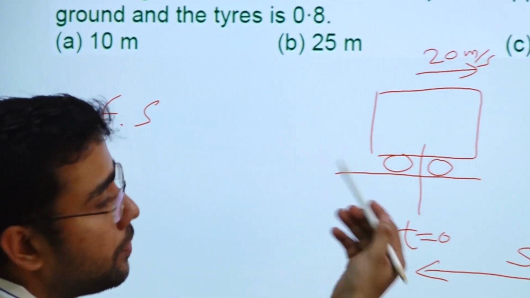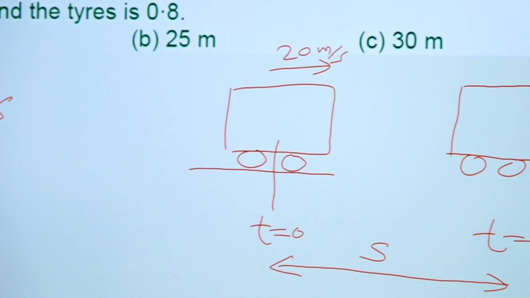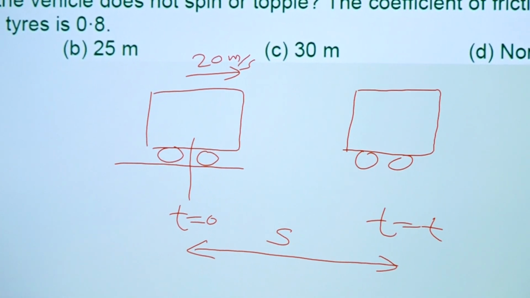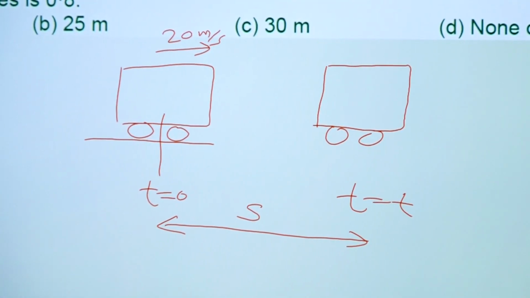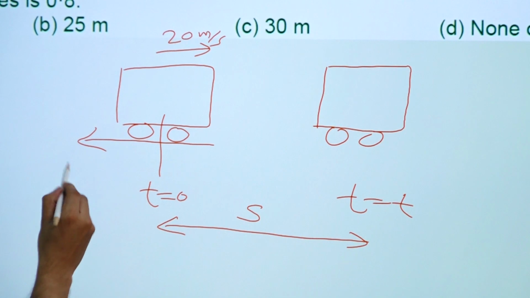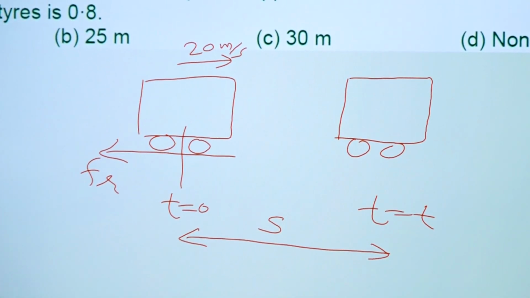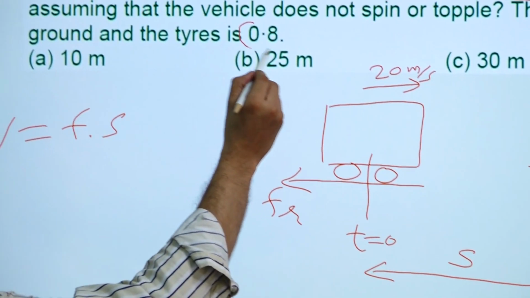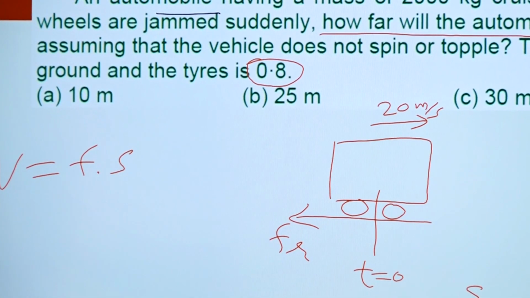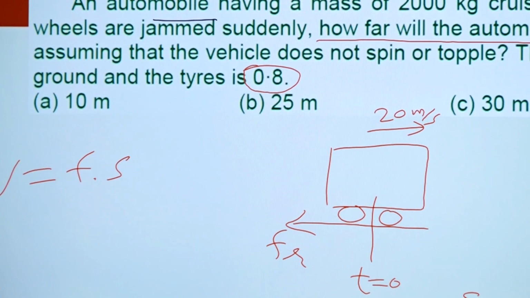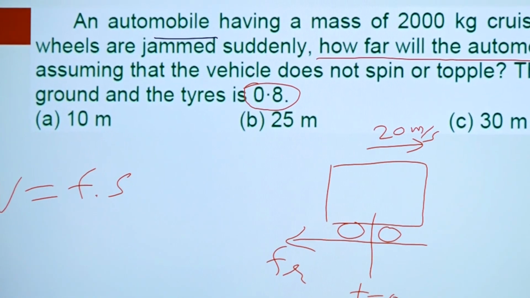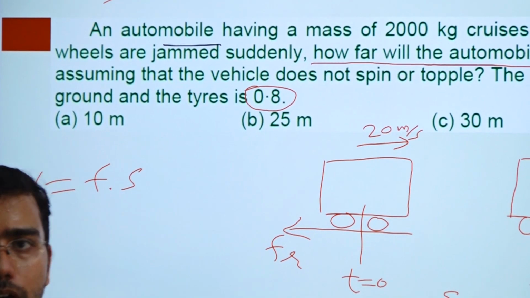After applying the brake, the brake is an internal force, because internally it is happening, but the external force will be the friction force only, Fr. And this friction force is always constant. Why? Because our mu is constant and n is constant. N is the normal force, so this friction force depends only upon the friction coefficient and the normal force.